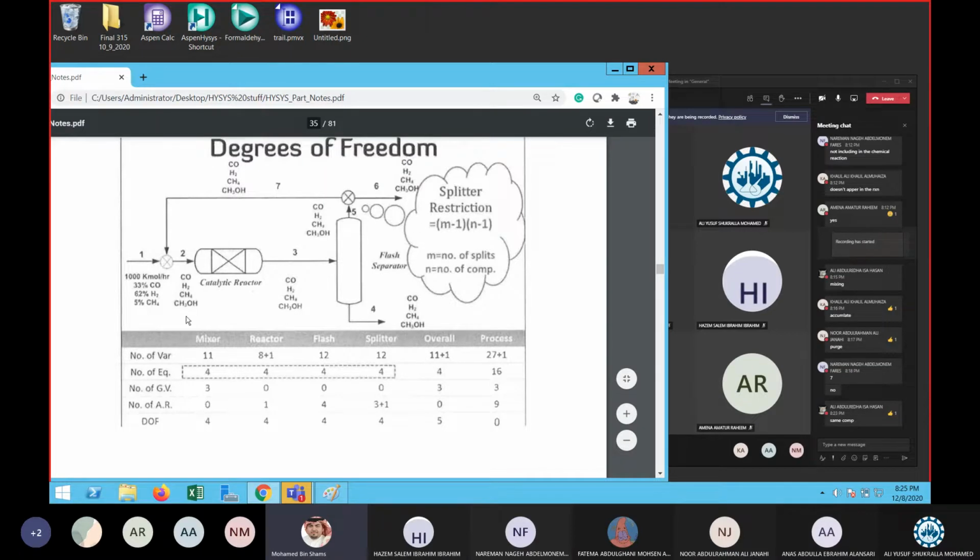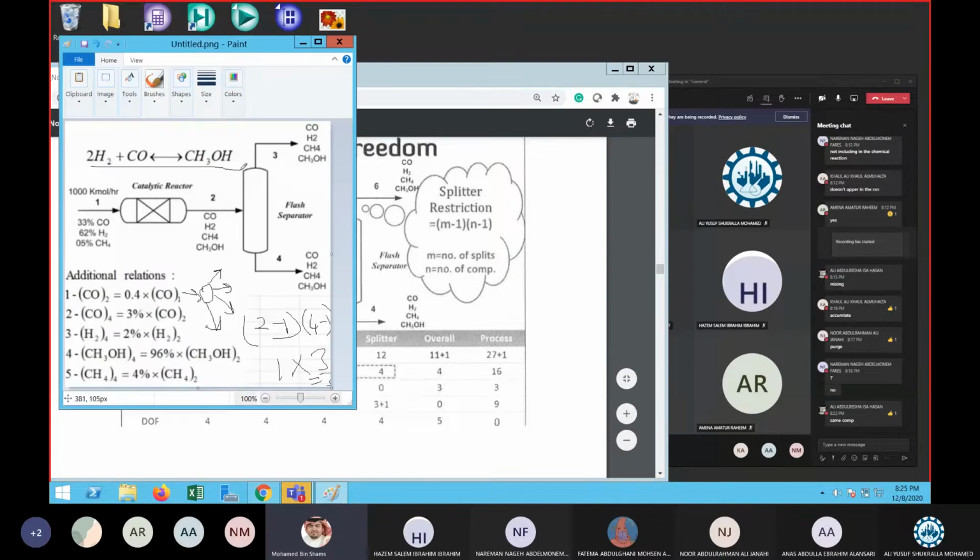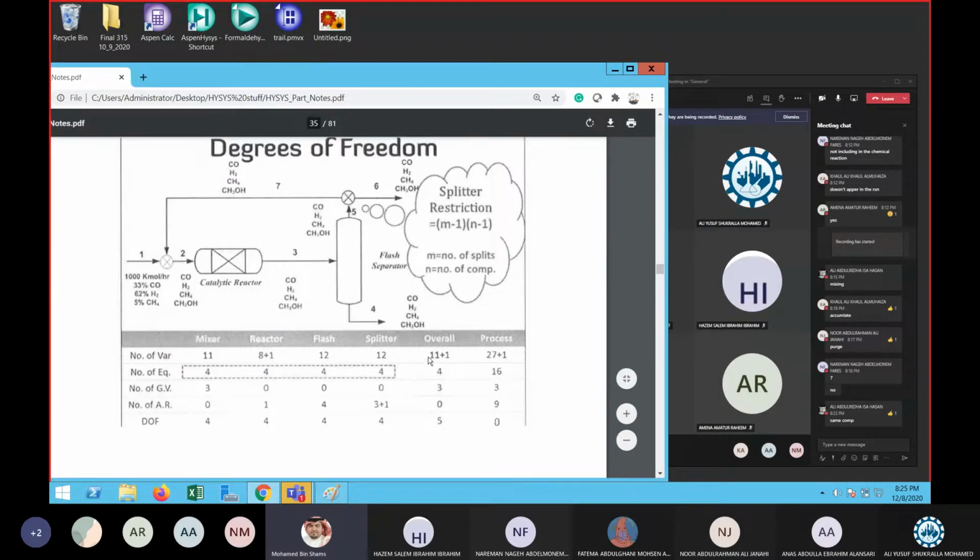We have 4, 4, 3, so 11. And of course, there is a reaction going on inside this box, so we have to consider one extent of reaction for this reaction. So we have 11 plus 1. On the overall picture, we have 4 species. We still have 3 given variables, which are these.